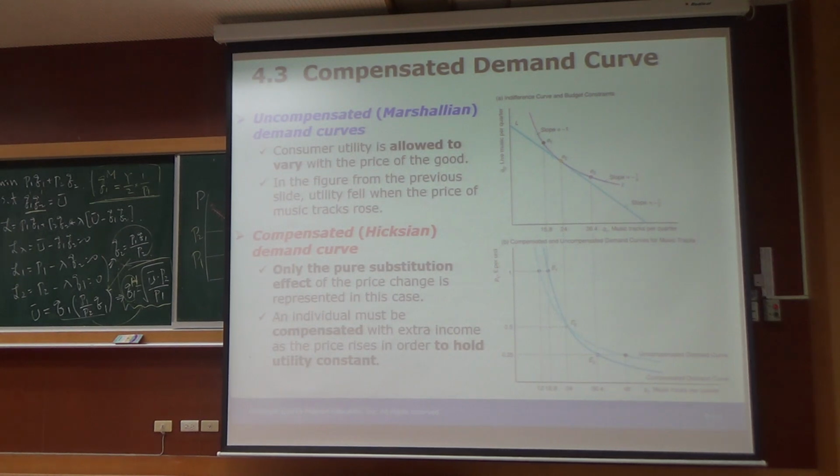And actually in the real world, the only thing we may observe is the Marshallian demand curve rather than Hicksian. Hicksian is something we use to analyze how we feel, basically consumer welfare or consumer surplus. Okay, later on I'll introduce this part.